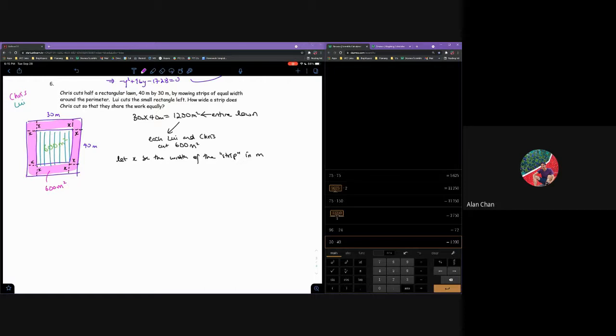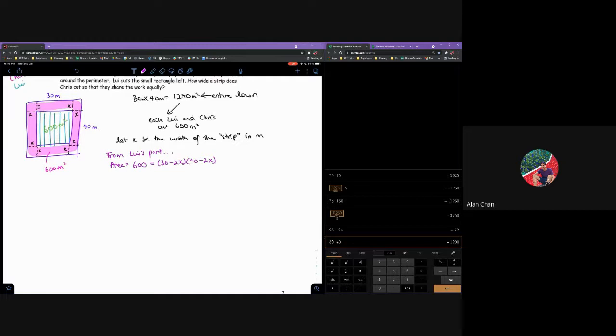And you could have done it from Chris's. But let's start with Louis. So from Louis' part, we know that the interior area is equal to 600, which is equal to (30 minus 2x) times (40 minus 2x).